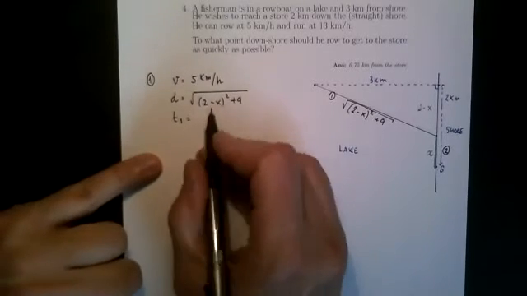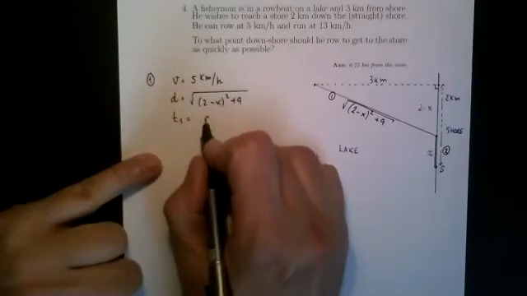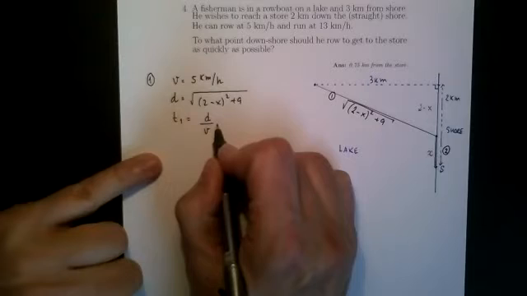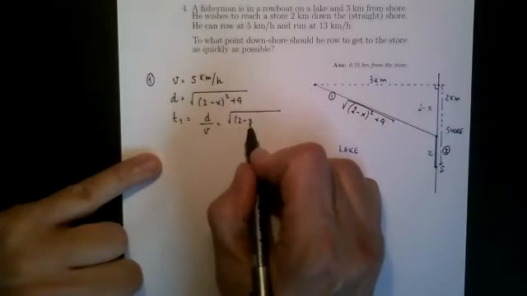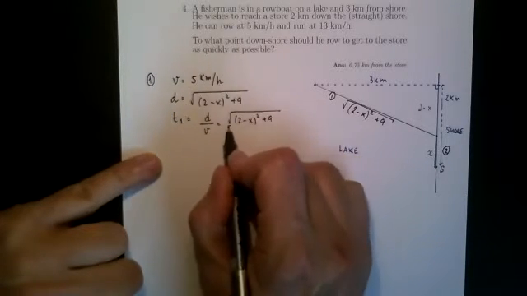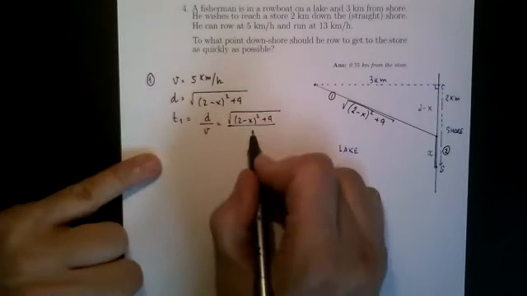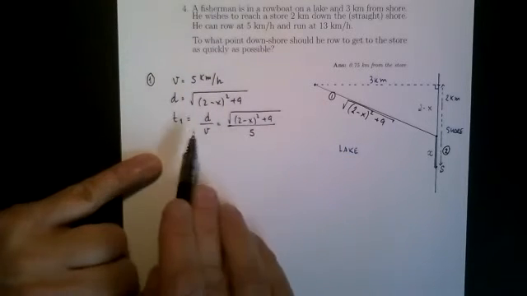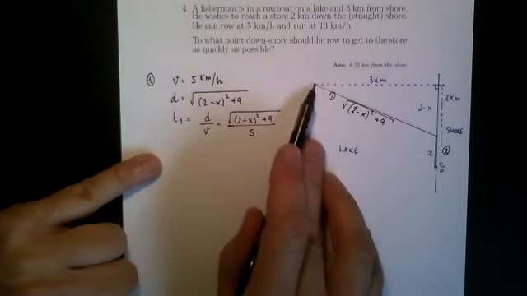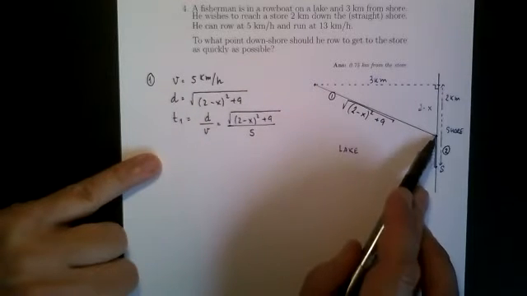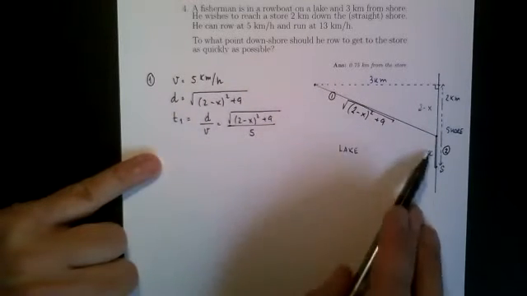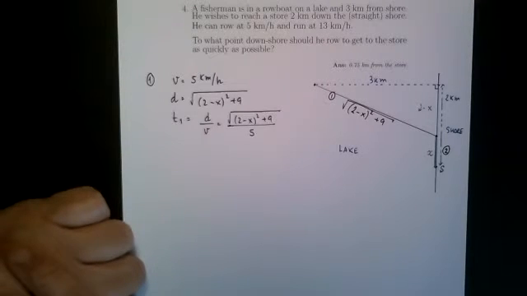Okay, so the time will be the distance over the velocity, and that will be the square root of (2 minus x) squared plus 9, over 5. So this is t1, the time that it takes for him to get from his original point until shore, x away from the store. Is that okay?